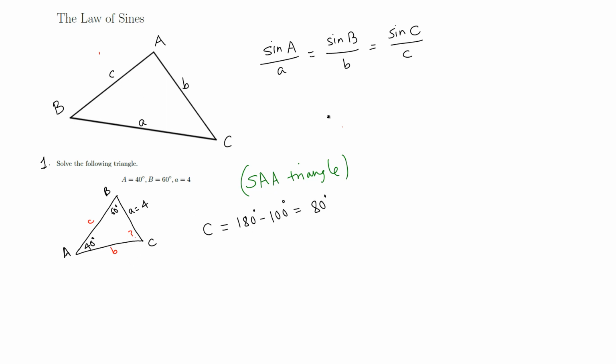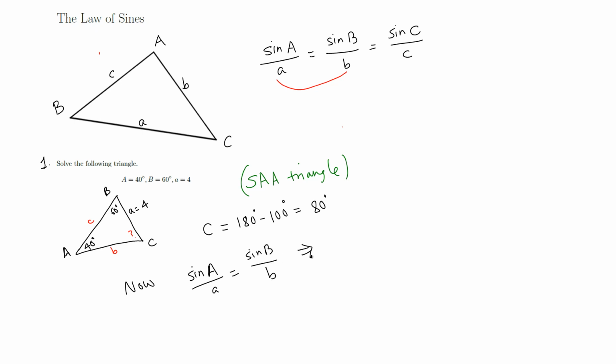Now we go back and look at the law of sines and just use 2 fractions. Note that side a is given, so lowercase a is given, so I'm going to apply this because uppercase A, lowercase a are given, uppercase B is given. Now we can determine lowercase b. Using the law of sines, sine A over a equals sine B over b.